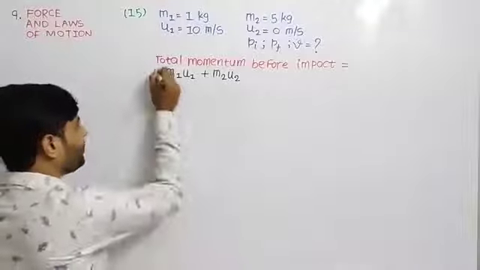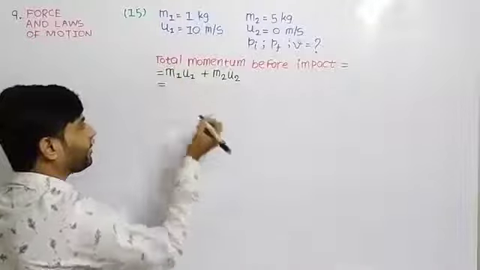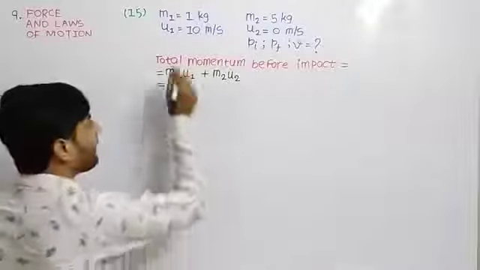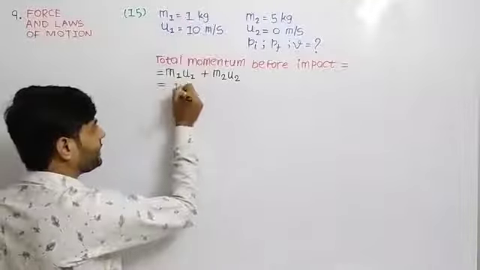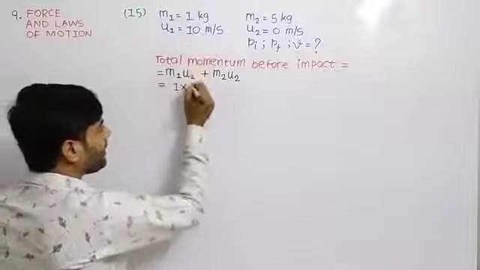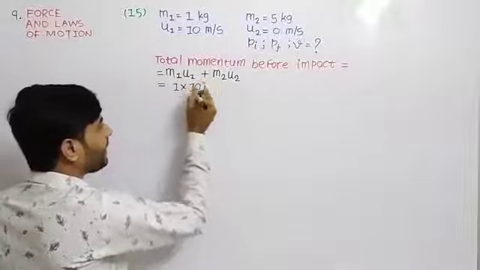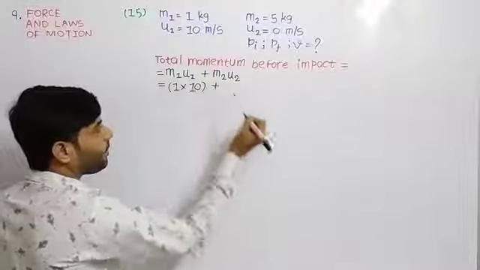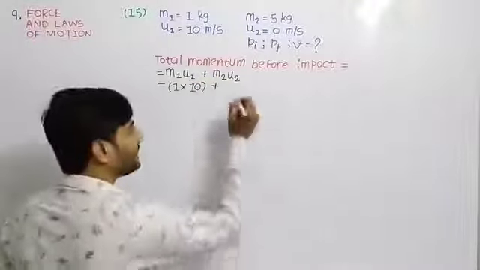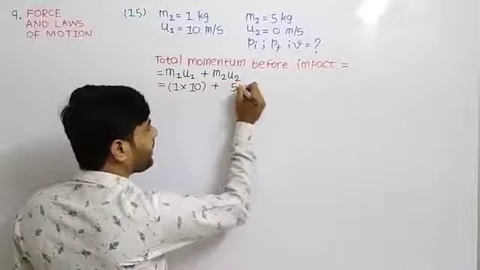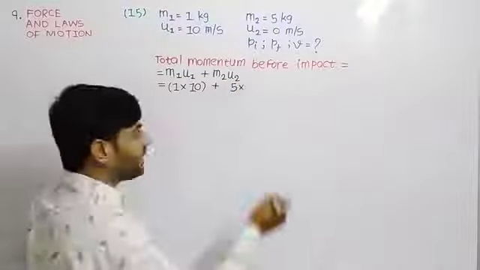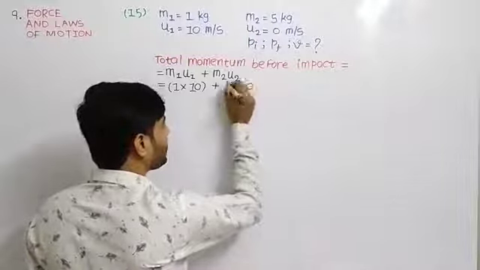Now put the values. We have m1 that is 1 kg multiplied by u1 that is 10 meter per second, plus m2 that is 5 kg multiplied by u2 that is 0 meter per second.